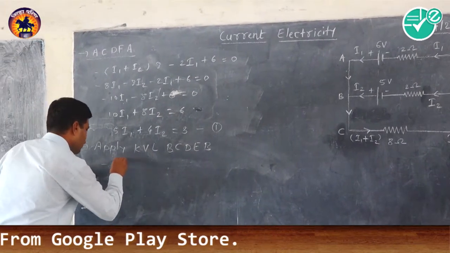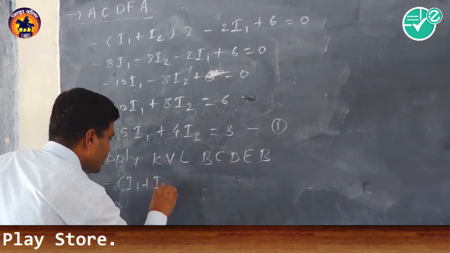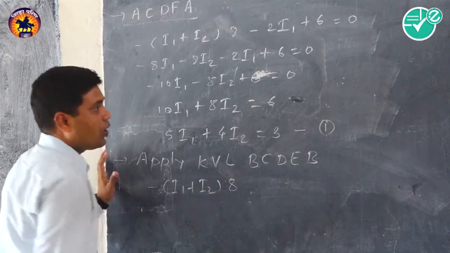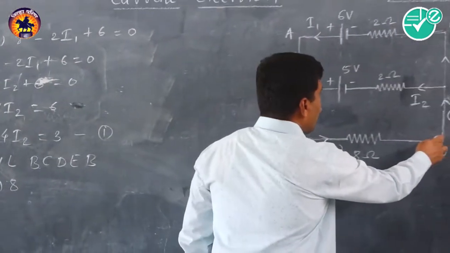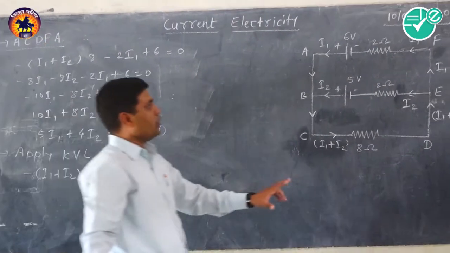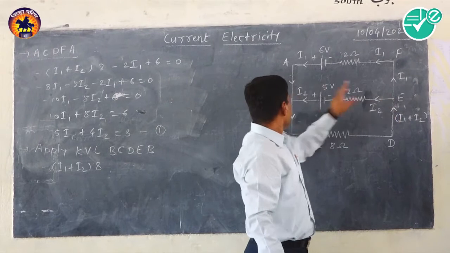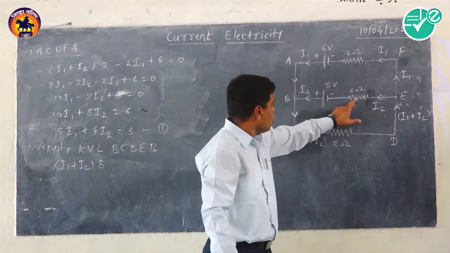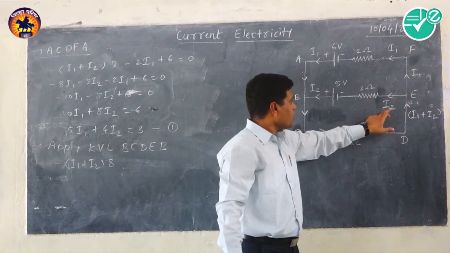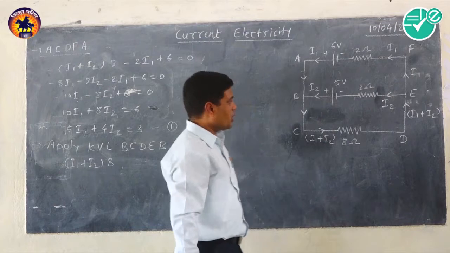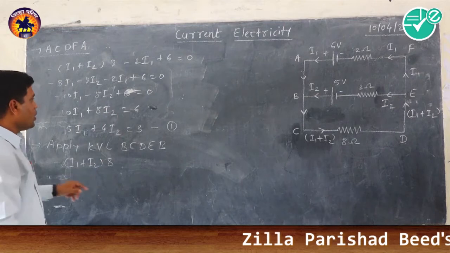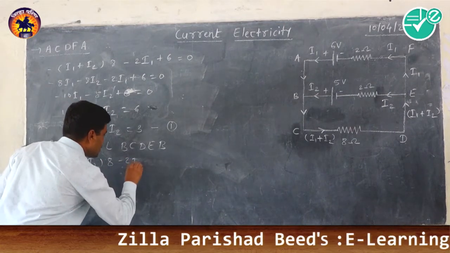Therefore, we take minus (I1 plus I2) into 8. As we move from D to E, there is no component. From E to B, we have two components: a resistor of 2 ohm and a 5 volt battery. The direction of current I2 and the loop tracing are the same. Therefore, it will be taken as minus 2 I2.